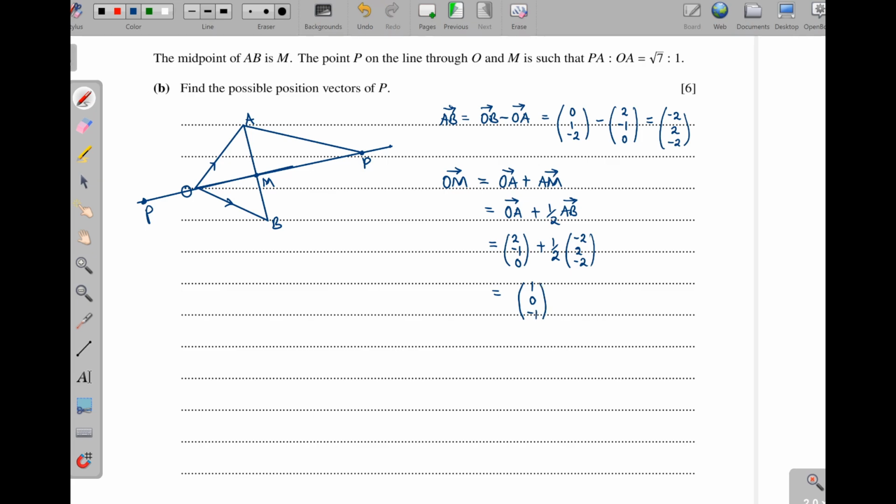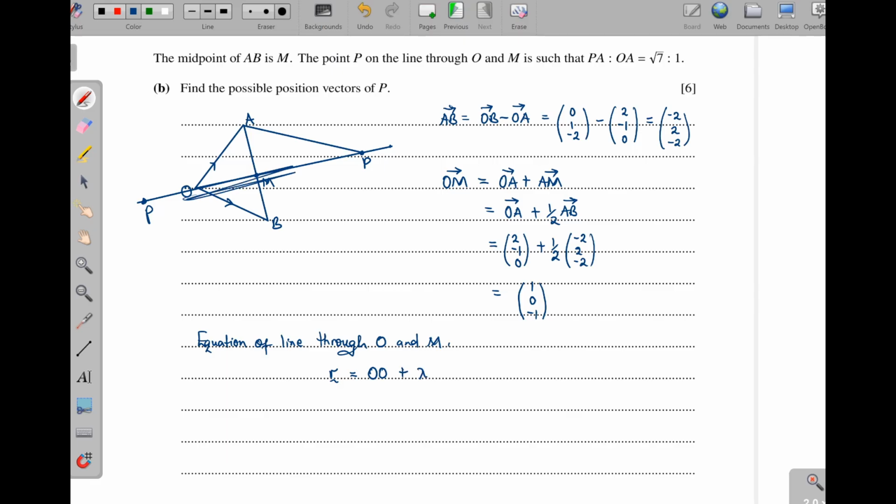Okay? So like I said, we need to find the equation of the line through O and M. Remember, this one is supposed to be r is equal to point O, I can say OO, then plus lambda.